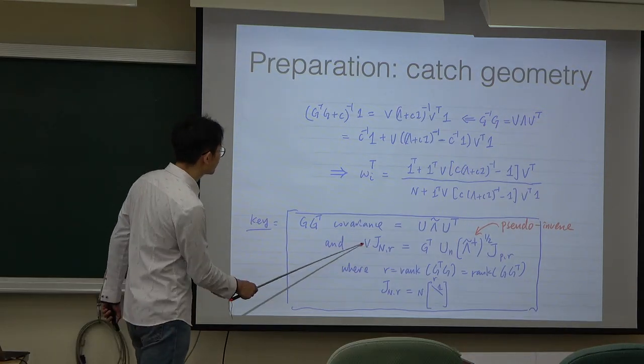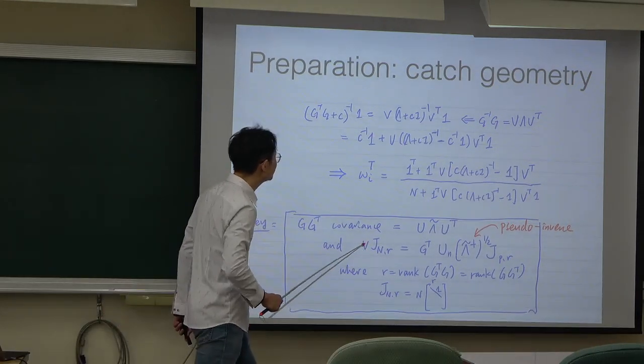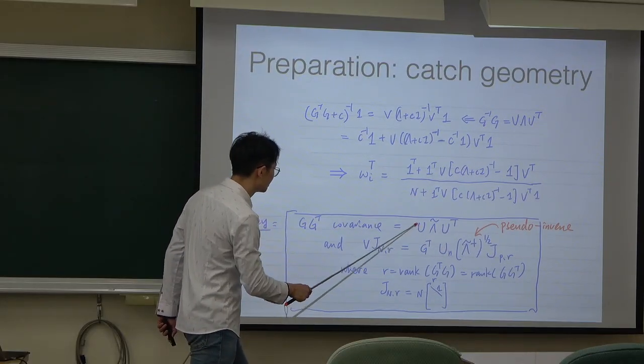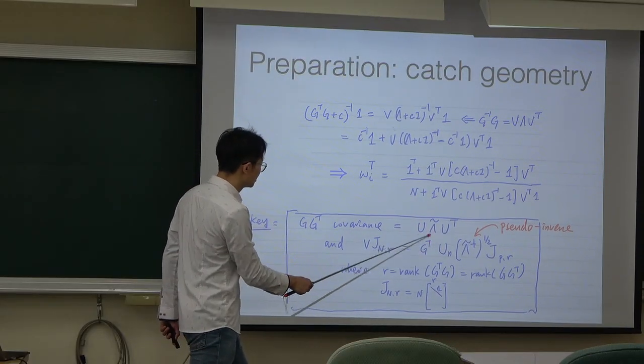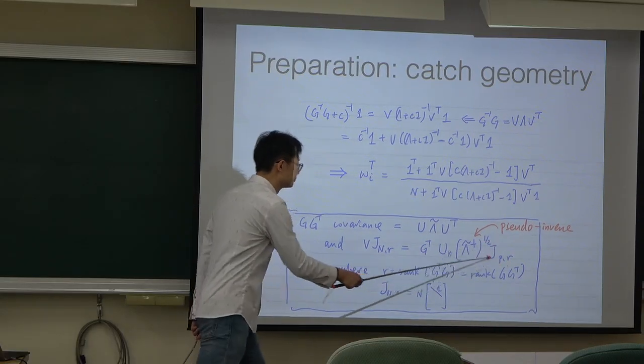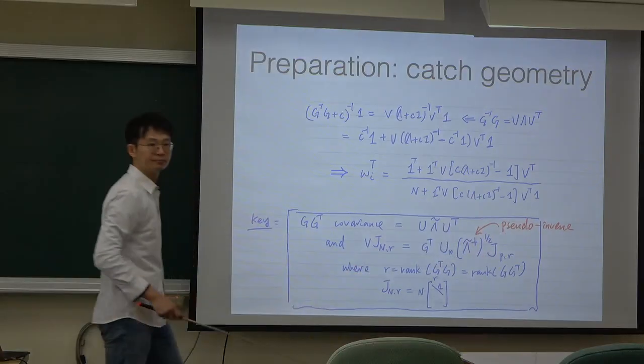So you can get the relationship between V and U via the G matrix itself, but you do some restriction with some pseudo inverse.